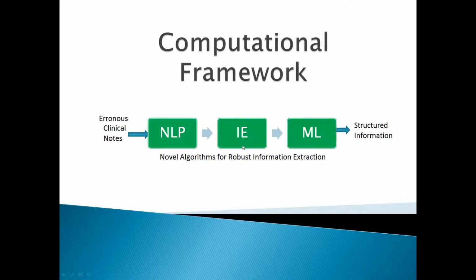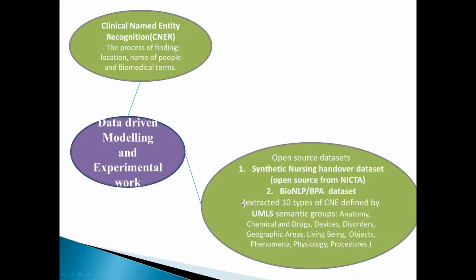Information extraction means that even in the presence of missing, incorrect, and lacking information, it can still work with good efficiency and build training models to extract structured information from unstructured information. For example, one clinical named entity recognition process could be finding the location, names of people, and different biomedical terms in the sample handover text.